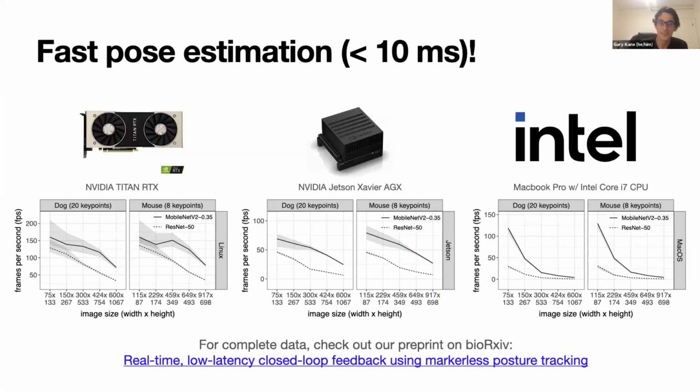Really quickly, I just wanted to point out that we've tested this DeepLabCut-Live package on a variety of systems. To see the complete results, please check out our preprint on bioRxiv. But generally, if you're looking to optimize performance, then we highly recommend using NVIDIA GPUs, such as the Titan RTX.